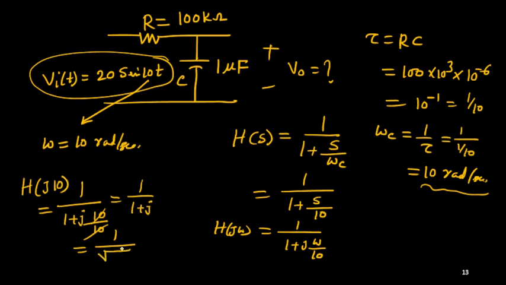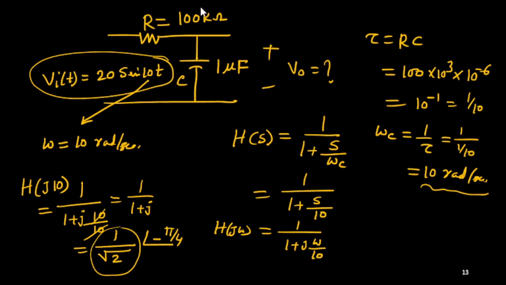Its magnitude is the square root of 1 square plus 1 square, that is square root 2. And what is the phase? This is tan inverse 1 by 1, 45 degree. This is the denominator, okay. So the total phase here will be negative 45 degree, that is minus pi by 4. I have said that the magnitude will be multiplied and the phase will be added. So what is the output voltage?